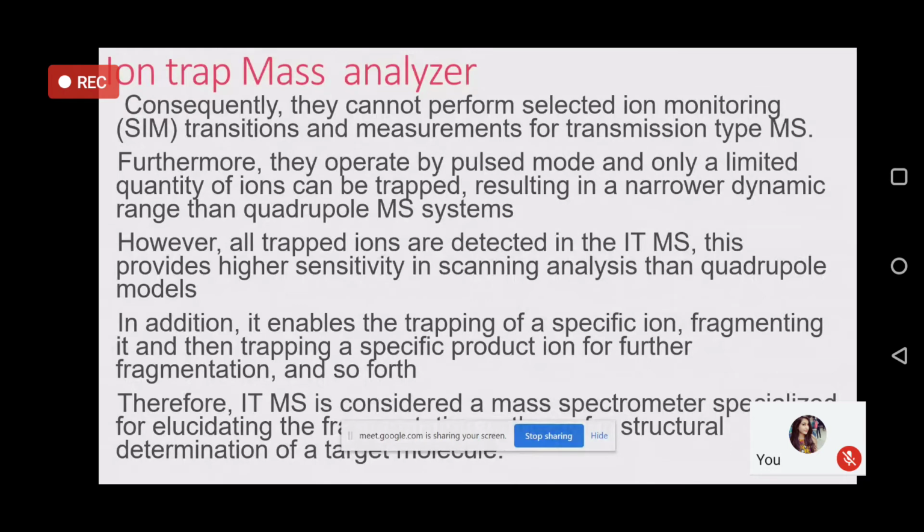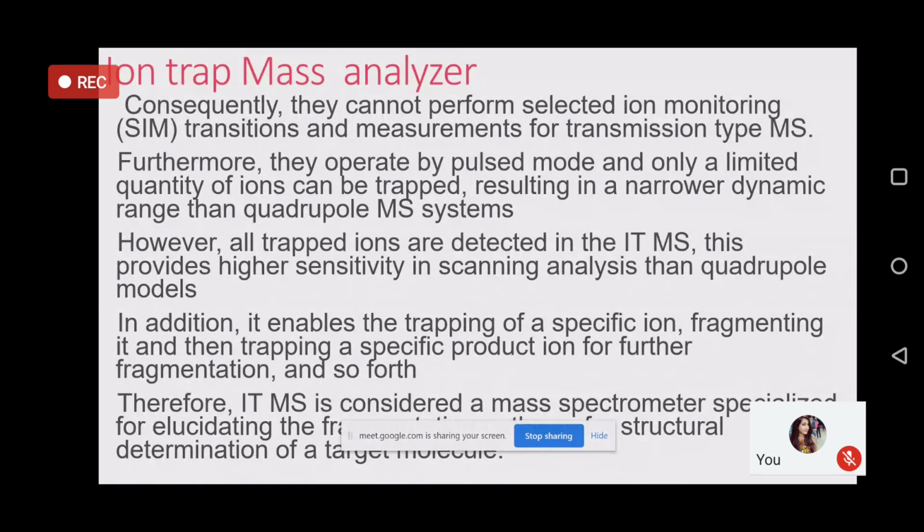Once that is over, again the condition can be changed so that another set of ions with a different m by z come out of the ion trap volume because their path becomes more than the volume radius, and then they get registered and produce a signal. Like that, you can scan all ions with different m by z values which have been trapped inside that ion trap.